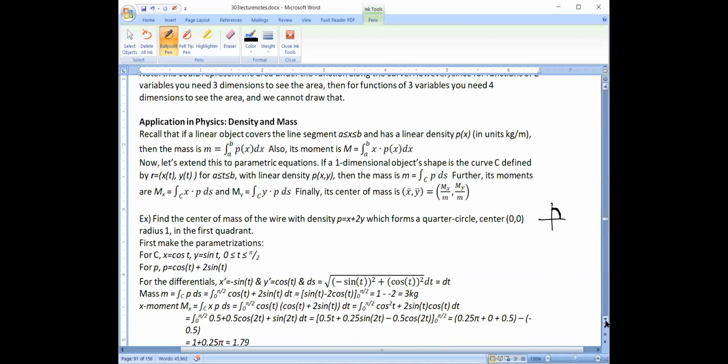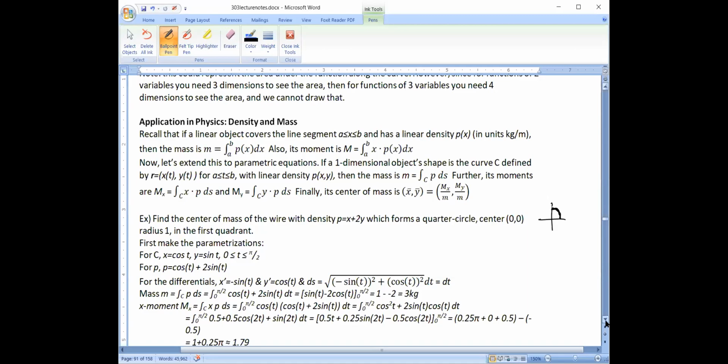So parameterize that. The bounds for the integral are going to be 0 to pi over 2. x is now cos t times your function, which was cos t plus 2 sine t. And then ds we know simplifies to dt.